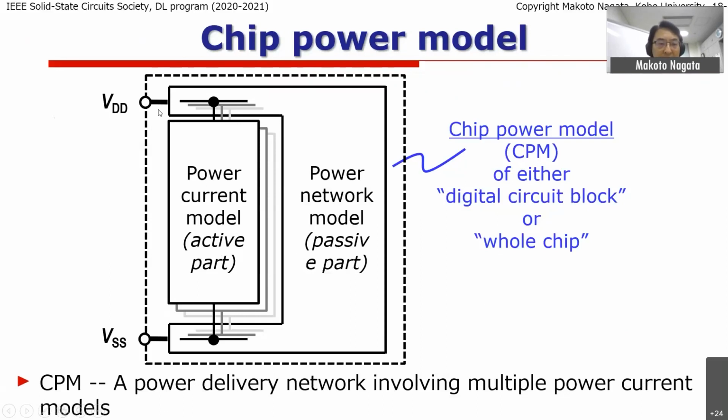VDD stands for the power voltage side, the high side of the power delivery network, and VSS is the ground side, or returning side, of the power delivery network. And the CPM includes the power delivery network with multiple power current models. Power current models stand for the engines, digital circuits, and I/O circuitry, those circuits which consume currents during operation.